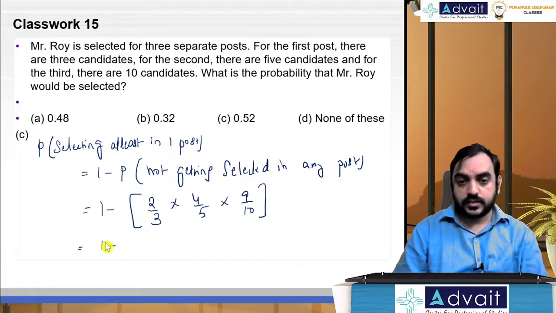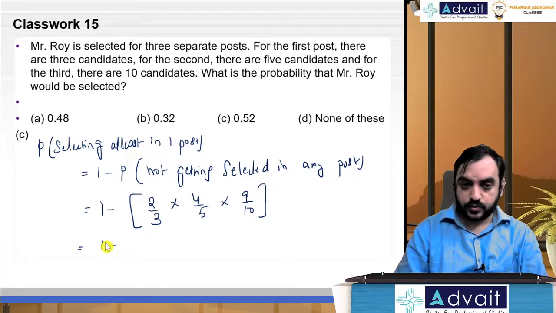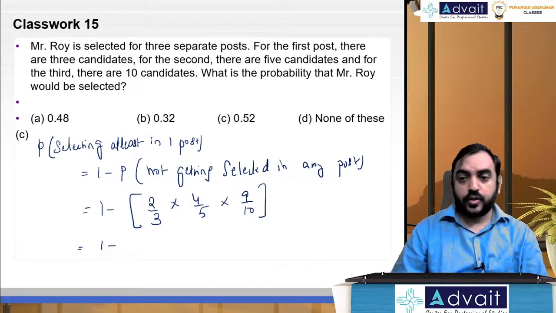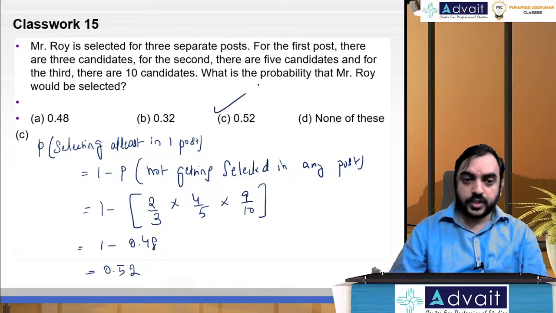Okay. 0.48 and 1 minus 0.48 will give you 0.5. The options.